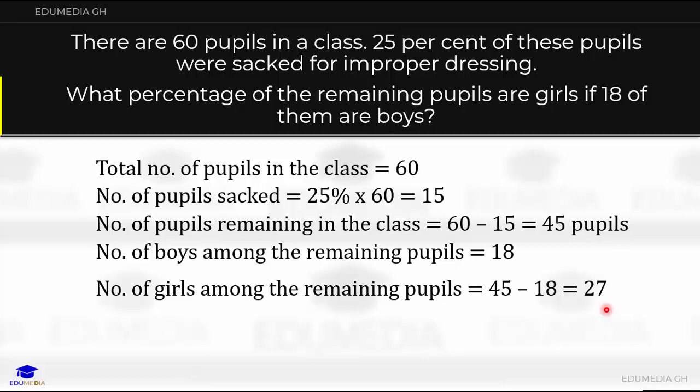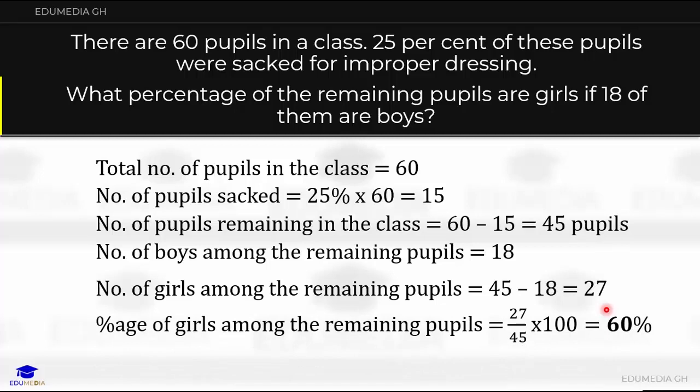Now, to get the percentage of girls among the remaining pupils, we have 27 divided by 45 times 100. Remember, it's not divided by 60, but it's divided by 45, because we are looking for the percentage of girls among the remaining pupils, not the percentage of girls in the 60 pupils, but among the remaining pupils.